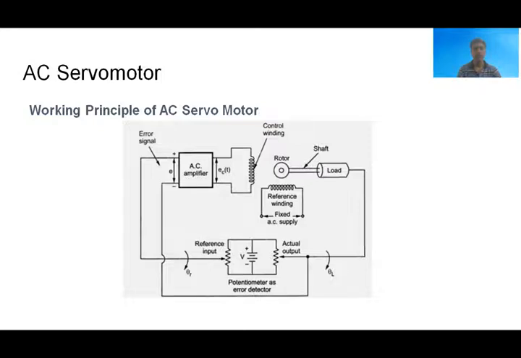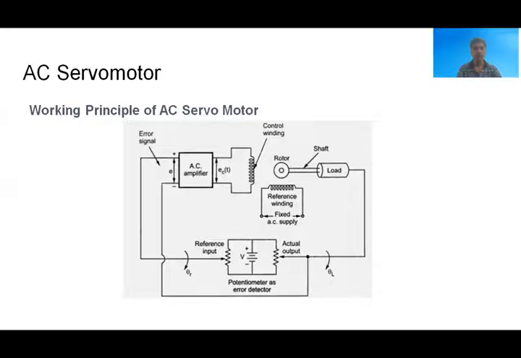Whereas in AC servo motor, due to its two-phase windings, the rotor resistance is very large. Therefore, the X by R ratio is very small, which causes linear torque speed characteristics. Therefore, the control of the speed is very smooth in AC servo motor.